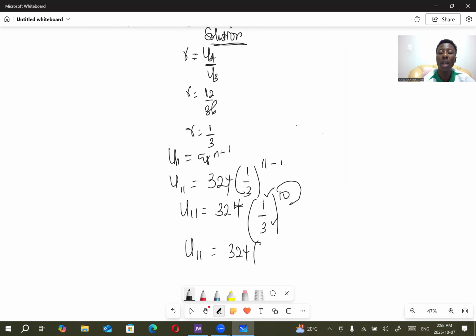So it's going to be 1 exponent 10, then 3 exponent 10. You get it? So 1 exponent 10 is what? 1. 3 exponent 10 is what? 59049.